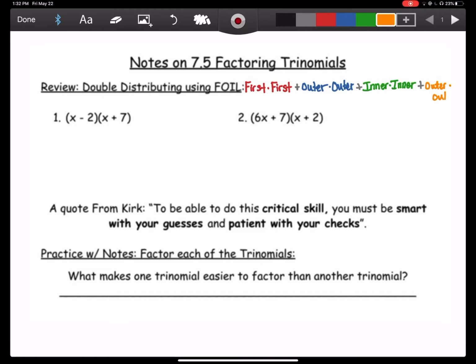I ran out of room. All right, let's stick with these colors.